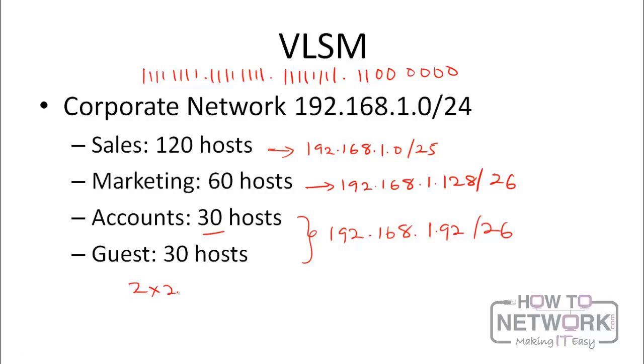And that would be 2 multiplied by 2, which is 4, times 2, which is 8, times 2, which is 16, times 2, which is 32. So 32 is greater than 30. So we count 1, 2, 3, 4, 5, which is 5. Right now, we have 6 host bits.